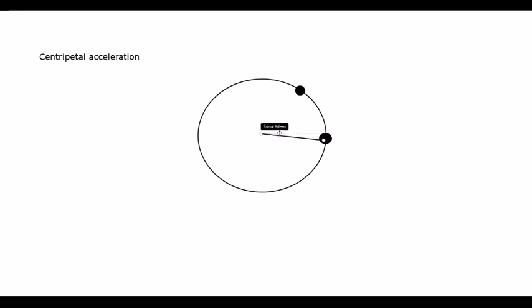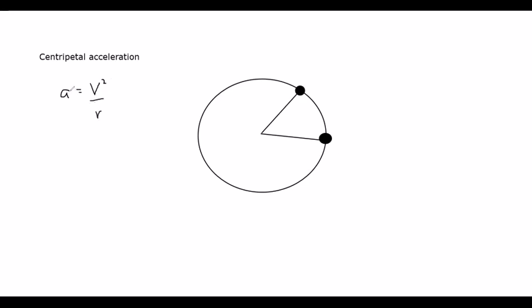the centripetal acceleration: when the object is continuously changing direction, there's a change in velocity, and due to this change in velocity, the object will have acceleration. We call that centripetal acceleration. The formula to calculate this centripetal acceleration: centripetal acceleration is equal to v square divided by r.